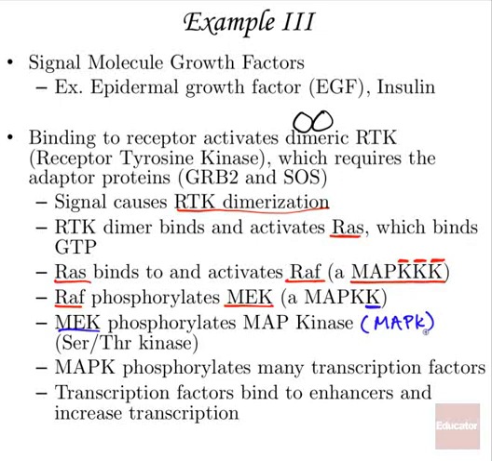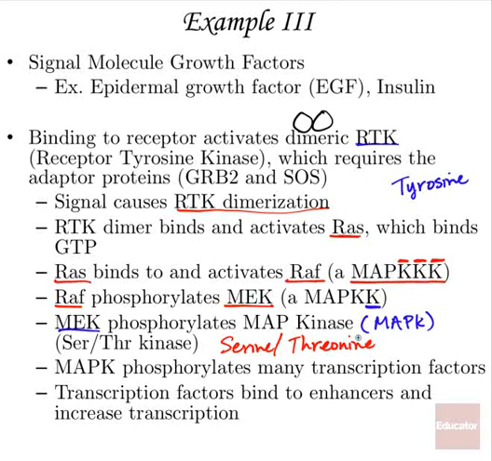And this MAP K is a different type of kinase than the one that we talked about up here. It is a kinase that is called a serine threonine kinase. So what are the differences between these kinases? Well, the RTKs phosphorylate a tyrosine amino acid. This one down here will phosphorylate proteins at certain amino acids of either a serine or a threonine residue.